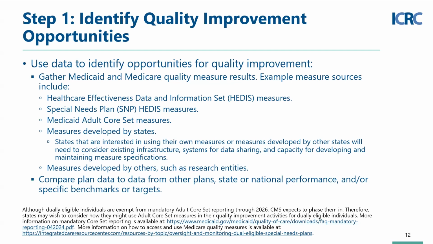After gathering measure results, states should compare plan data to data from other plans, compare plans to state or national performance data, or compare plans to specific benchmark targets. If plans vary considerably in their performance on a measure, that may be a signal of an opportunity to improve the performance of the plans with lower scores.